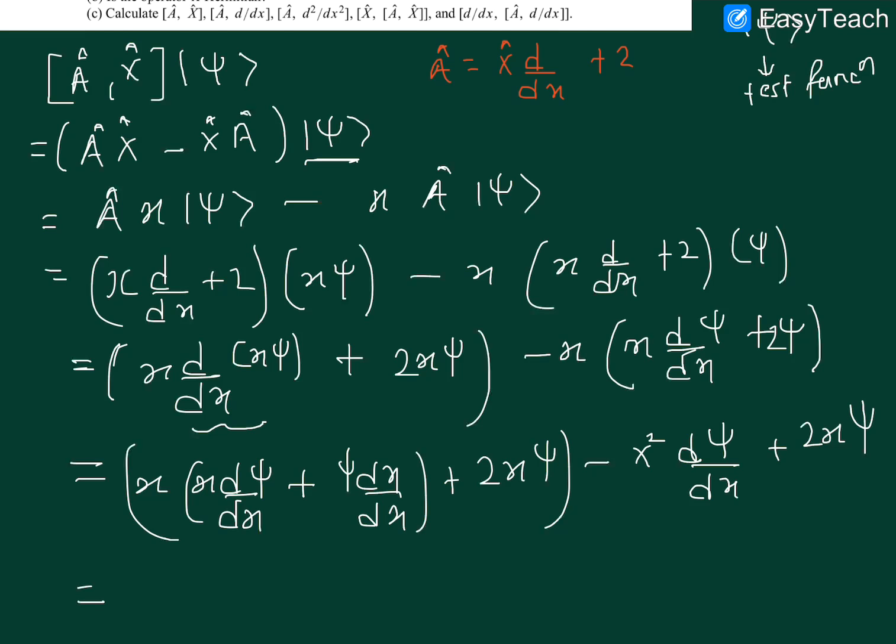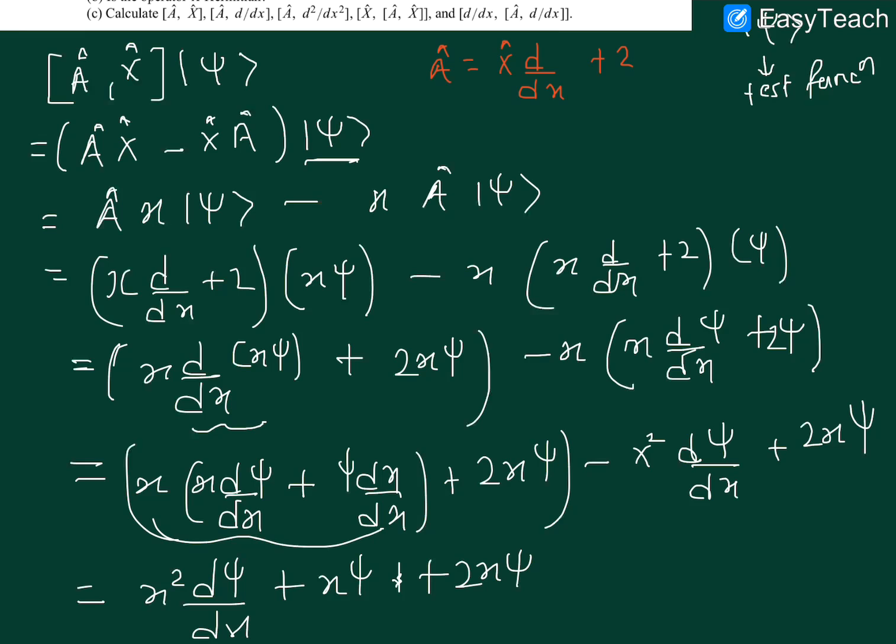And expanding this operator bracket, we get x square d psi by dx plus x psi plus 2x psi minus x square d psi by dx, plus, sorry, it should be minus over here, minus 2x psi.